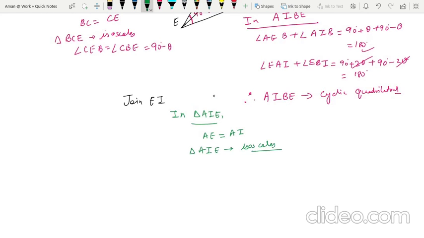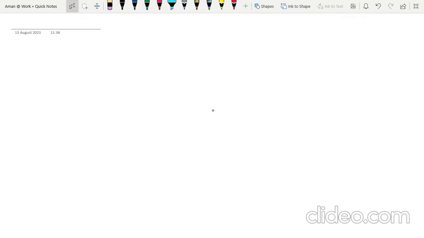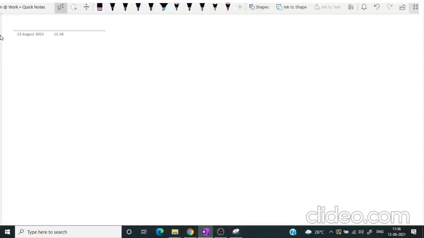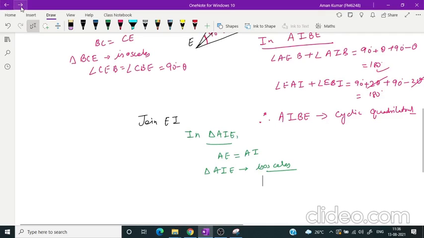And if it is isosceles, then theta and 90 minus theta are equal.